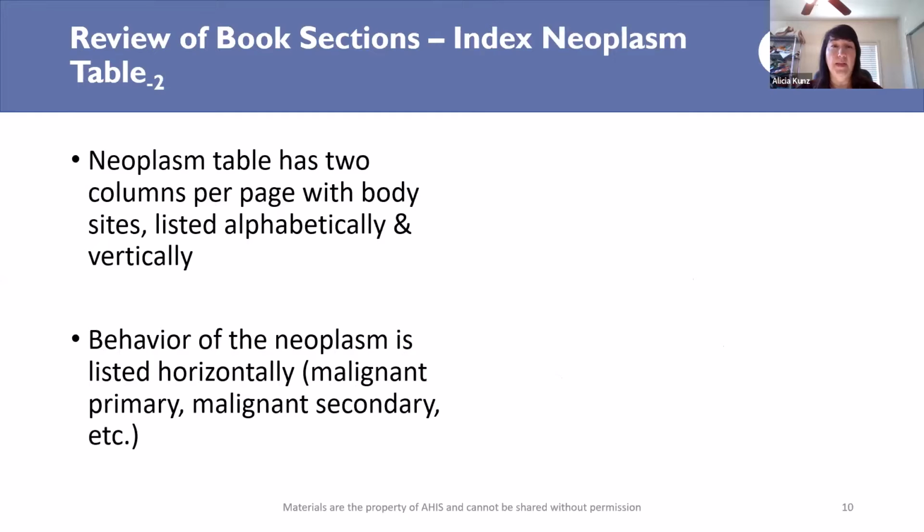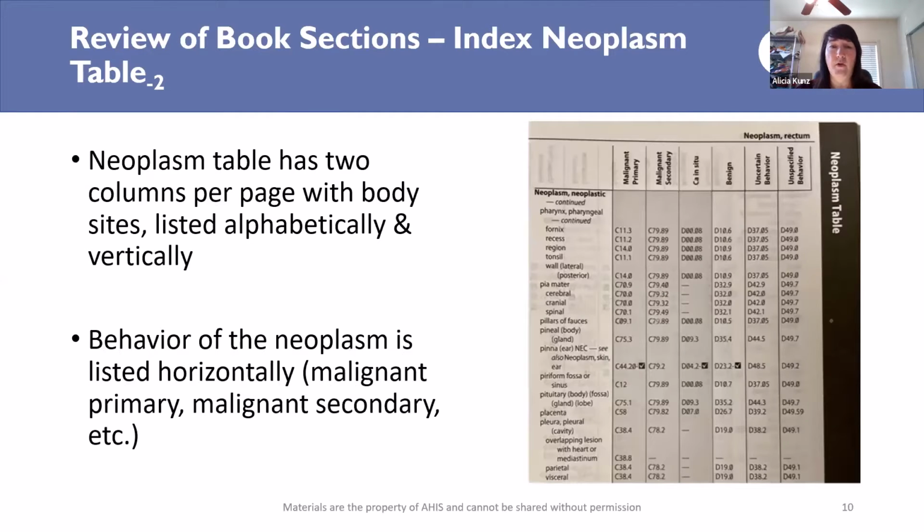And your neoplasm table will have 2 columns per page with body sites that are alphabetical, and those are running vertically down the page. And then, of course, the behavior of that neoplasm or tumor will be horizontally across the top of the page, whether it be a malignant primary neoplasm, malignant secondary, or benign, etc. And on your screen here, you'll see how that looks.